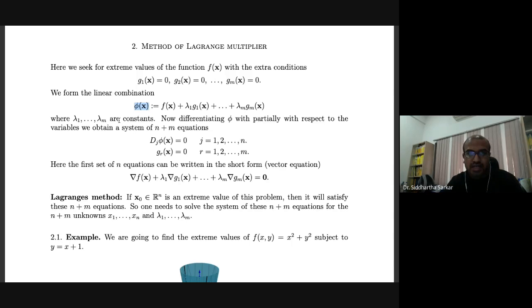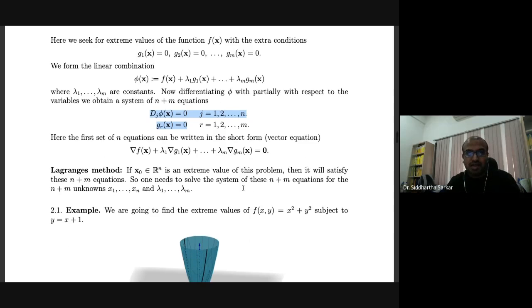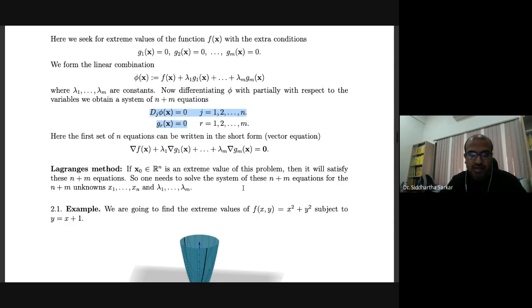If I try to solve this, I have n plus m equations and n plus m unknowns. So you form a map from R^(n+m) to R^(n+m), and then somehow you try to invert one of the coordinates with respect to those. So this implicit function theorem actually helps to prove this. But in any case, this is not a very good method. So let's see some examples anyway.